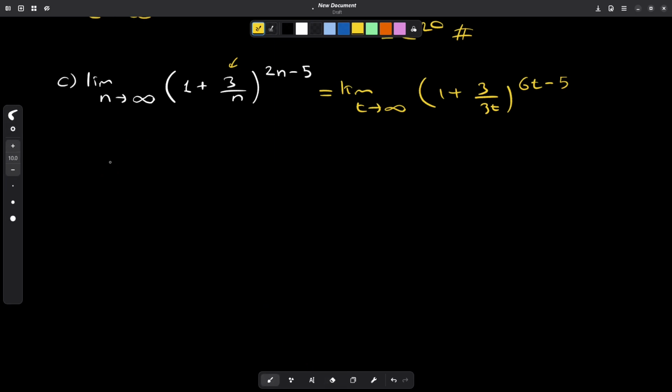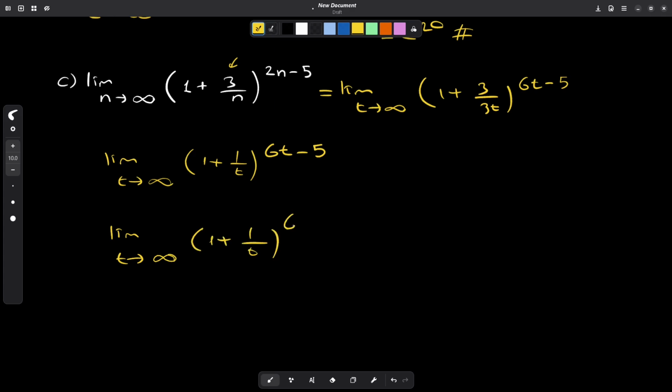All right, good. The limit as t approaches infinity of (1 + 1/t)^(6t - 5). Okay, everything looks good, but the issue is there's a minus 5 here, right? So I need to separate this from 6t, minus 6t, so I can get the form that I'm trying to get, right?